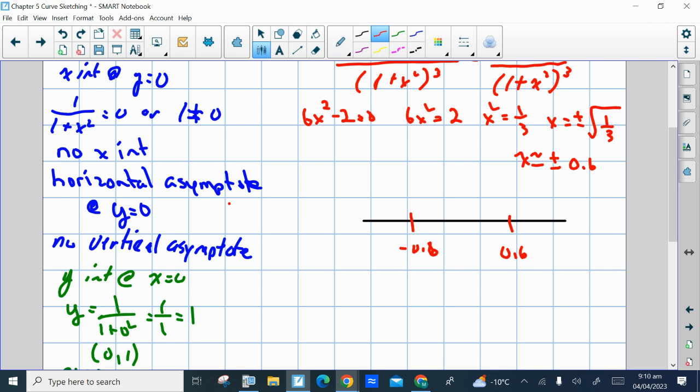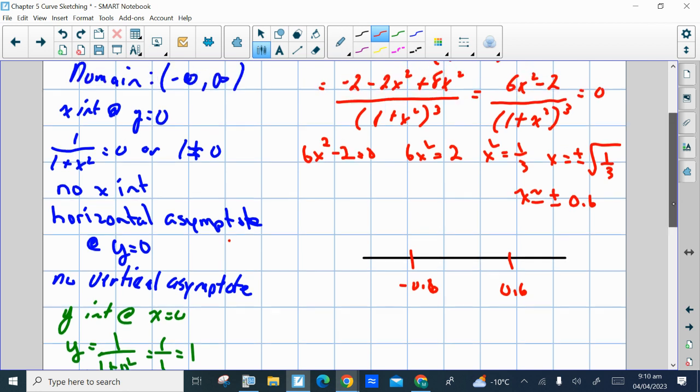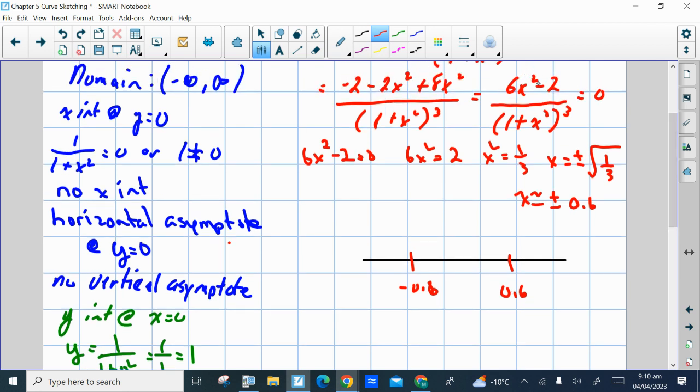So a number to the left of negative 0.6, like negative 1. So the top will be positive because negative 1 squared is positive 1 times 6 is 6, take away 2, positive 4. The bottom is always positive, no matter what, because that x is squared in the denominator.